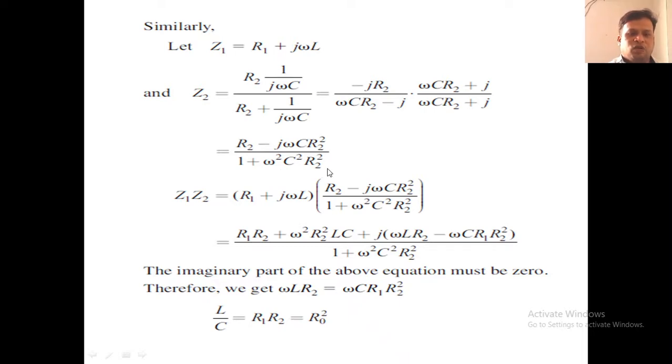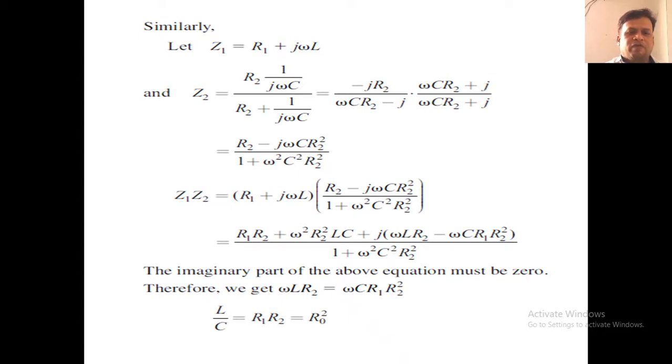Now Z1 Z2 is equal to R1 plus j omega L into R2 minus j omega CR2 square divided by 1 plus omega square C square R2 square. By this equation, we can write after solving R1 into R2 plus omega square R2 LC plus j into omega L R2 minus omega C R1 R2 square by 1 plus omega square C square R2 square.